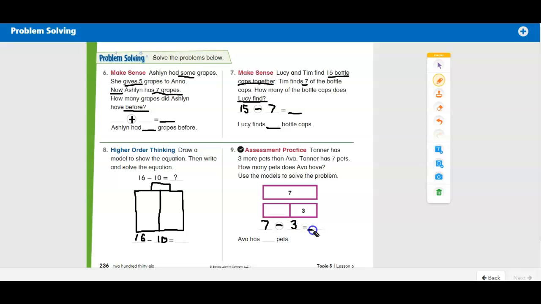So our equation would show 7 minus 3 equals blank. So where I'm drawing these blanks, they are all going to have the same number. Your missing part in the model, your missing part in the equation, and your final answer will all be the same.